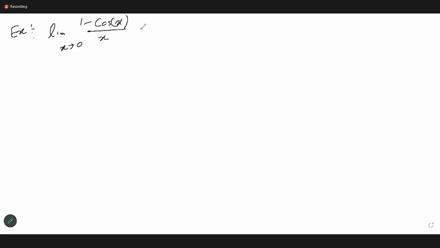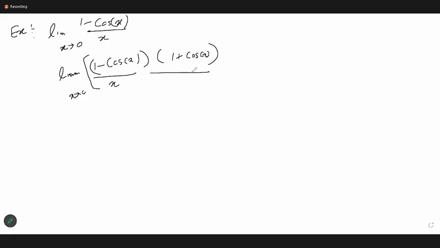So you can use that identity. According to you, I will write the limit of 1 minus cos x over x. So you can choose the conjugate. What is the conjugate of this one? 1 plus cos x.